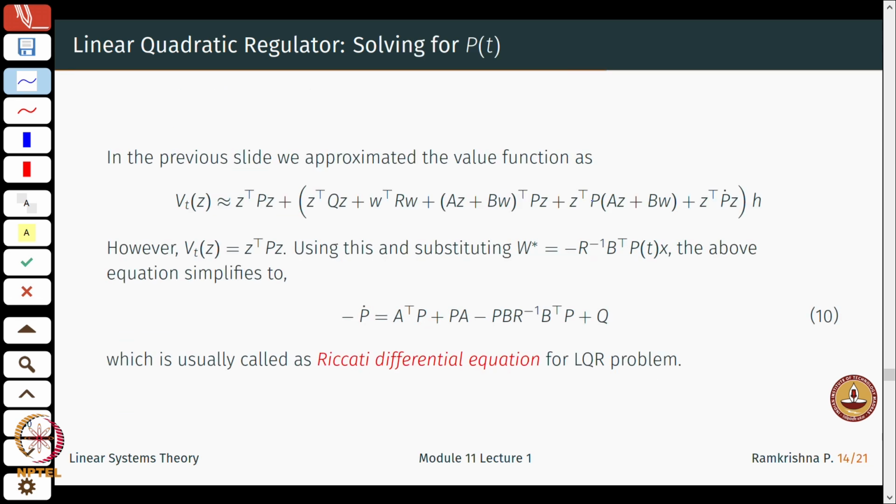The equation now simplifies to something like this. This is usually called the Riccati differential equation for the LQR problem.